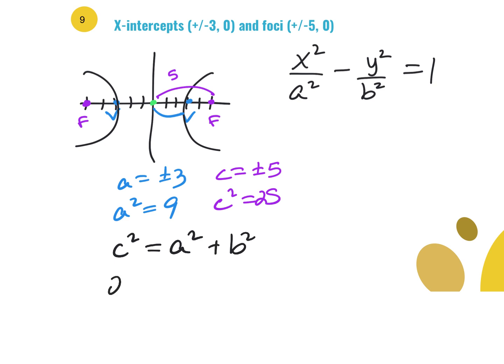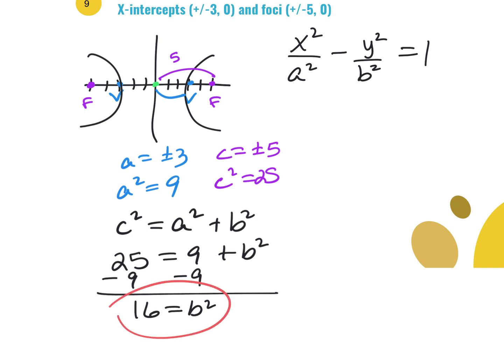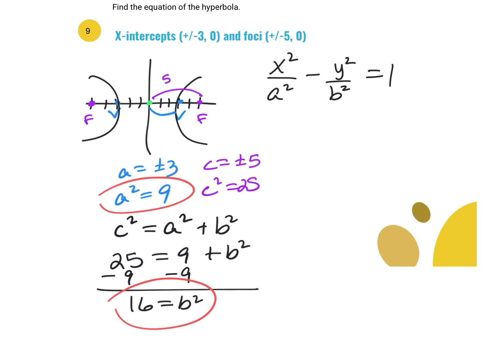Fill in what I know, 25, 9, and then leave the b squared. Subtract 9, 16 equals b squared, and now I have enough information to fill in the bottom of my standard form here. So again, it's x squared over 9 minus y squared over 16, and it equals 1.